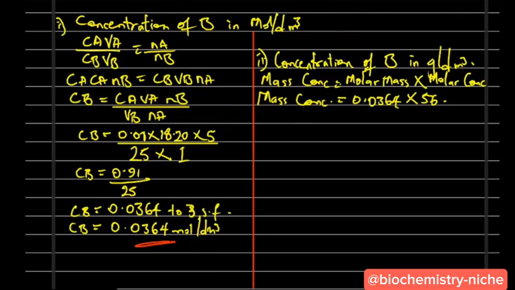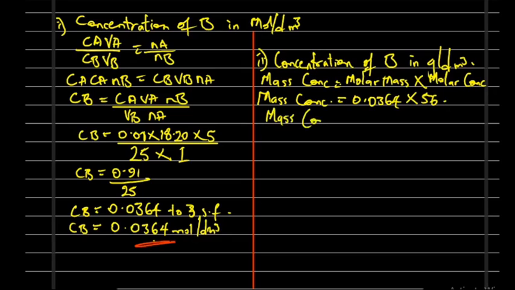So mass concentration equals, molar concentration is 0.0364 like we got here, and then our molar mass is 56 for our iron. So we have our molar mass and our mass concentration.